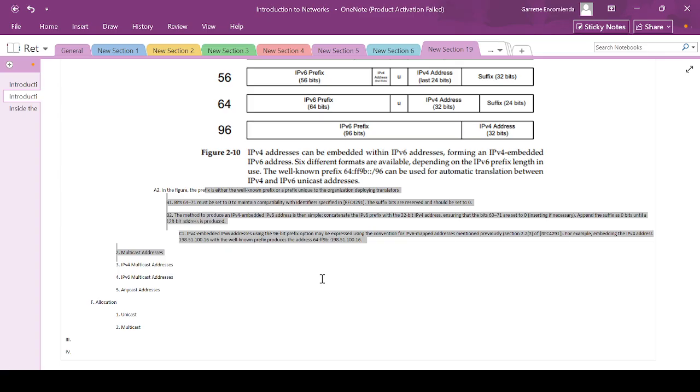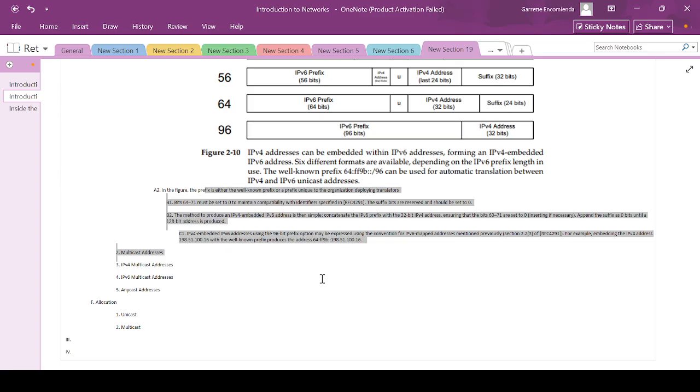Bits 64 to 71 must be set to 0 to maintain compatibility with identifiers specified in RFC 4291. The suffix bits are reserved and should be set to 0.